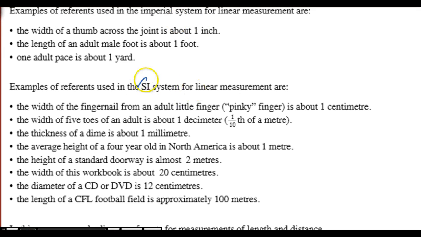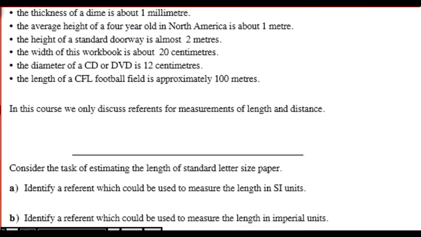For metric, by the way, SI is French for international system. SI or metric, we use it. So the width of a fingernail is 1 centimeter. The width of 5 toes is about 1/10 of a meter, or a decimeter. The thickness of a dime is about 1 millimeter, and you can go through these and memorize these to help you have references.